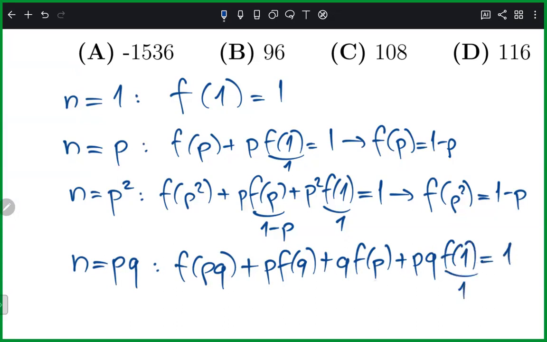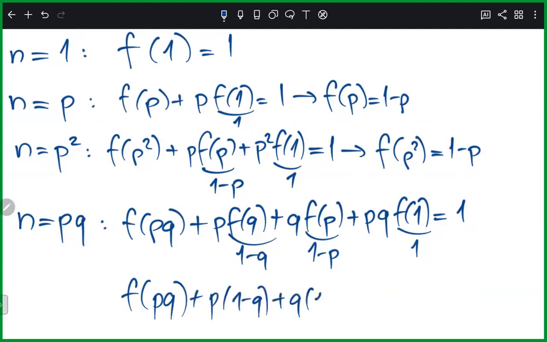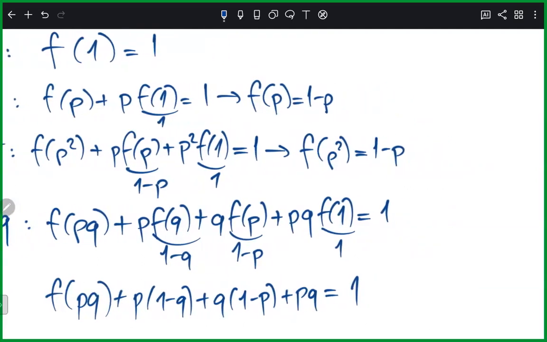Substitute f(1) equals 1, f(p) equals 1 minus p, f(q) equals 1 minus q, and solve for f(pq), which turns out to be f(pq) plus p(1 minus q) plus q(1 minus p) plus pq equals 1. After expanding terms and combining everything to the right-hand side, it's easy to see that f(pq) equals (1 minus p)(1 minus q).